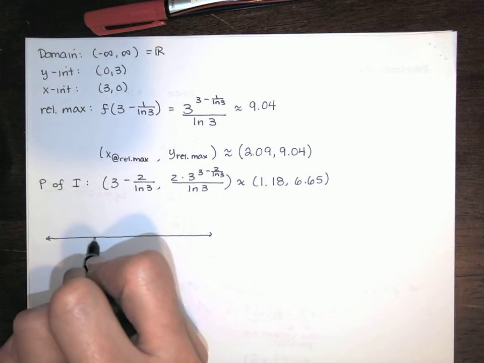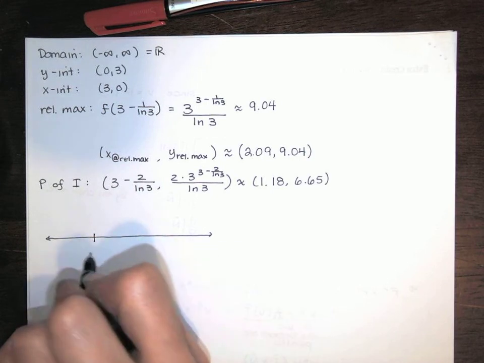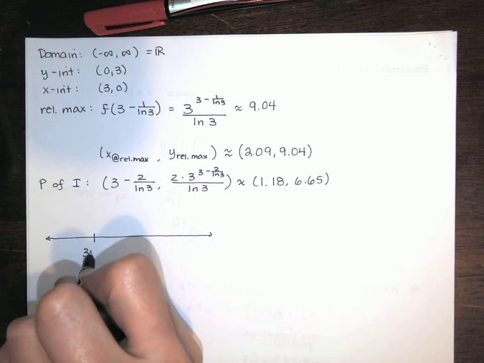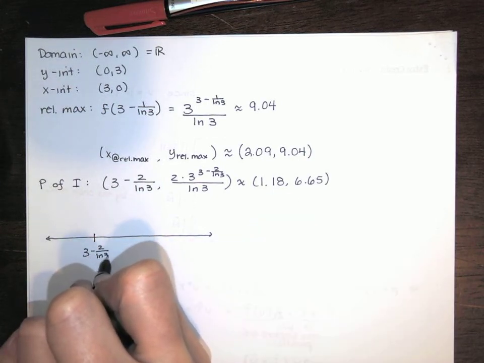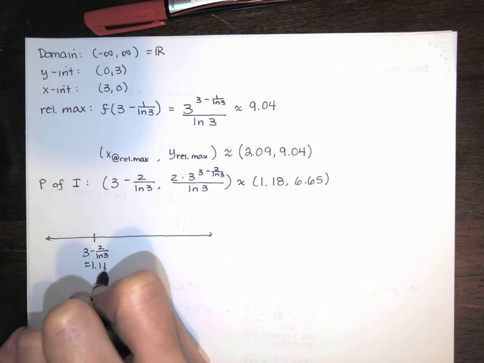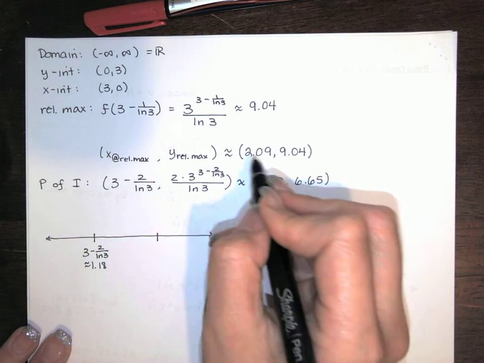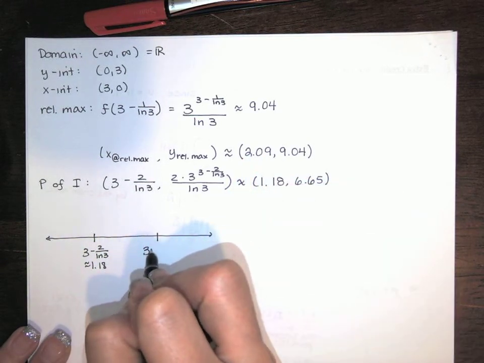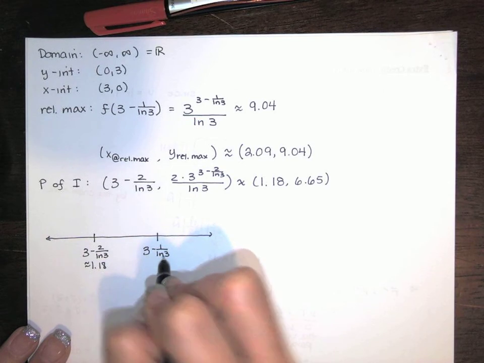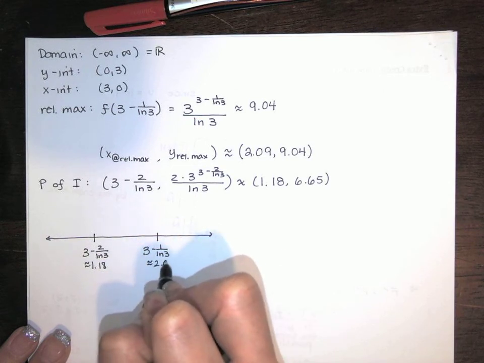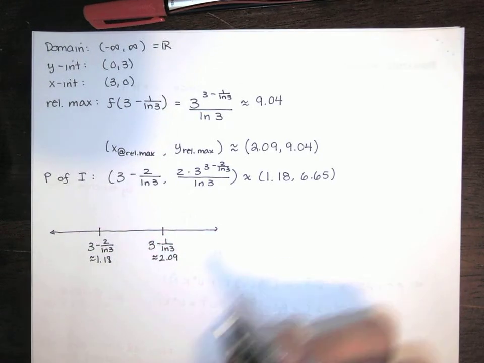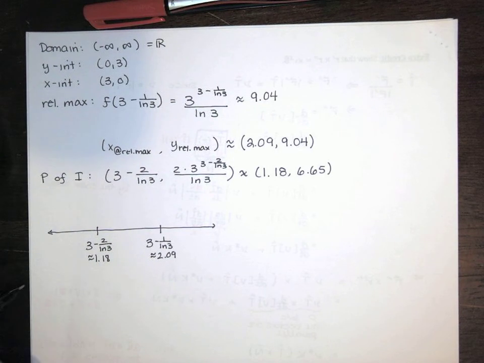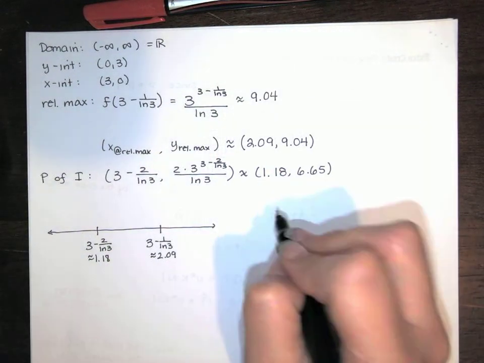So the x value for the point of inflection was 3 minus 2 over natural log of 3, which is approximately 1.18. And then the x value for the relative max was 3 minus 1 over natural log of 3, which is approximately 2.09.